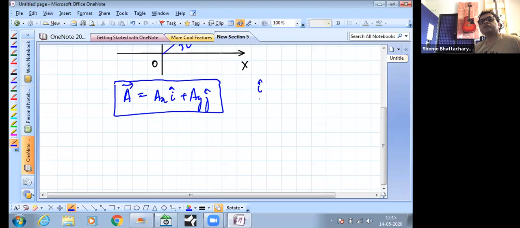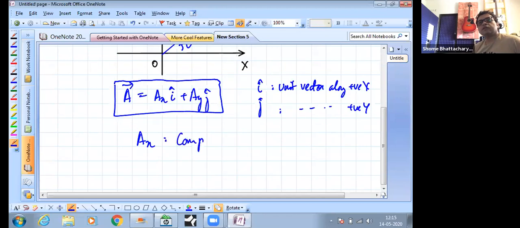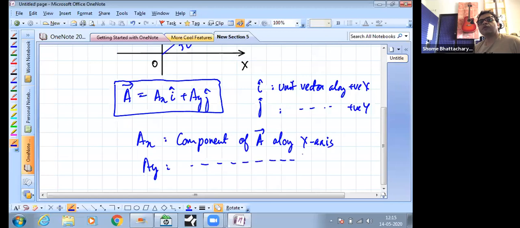So i cap and j cap are the unit vectors along the positive x-axis and along the positive y-axis. And Ex and Ey are called the components of the vector E along the x-axis, or simply the x component, and similarly Ey is called the component of the vector along the y-axis.